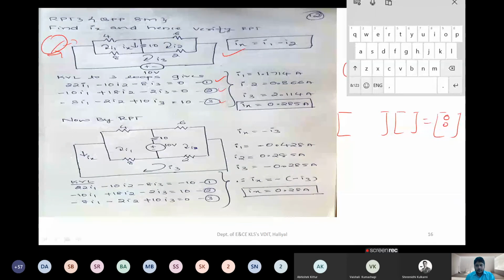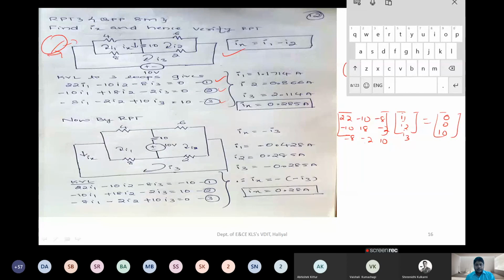You have 0, 0, 10, I1, I2, I3. You just put I1, I2, I3. And what are the coefficient values? 22, minus 10, minus 8, minus 10, 18, minus 2. Again minus 8, minus 2 and 10.